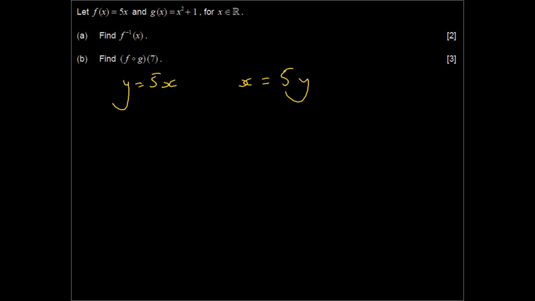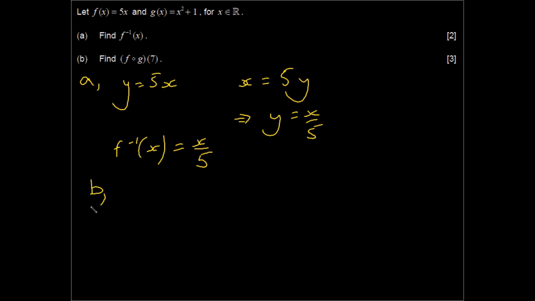So what I would do here is I would just divide both sides by 5, and I would then get y is equal to x over 5, and then that would be my inverse function. So f minus 1 of x would equal x divided by 5. That would be part A.